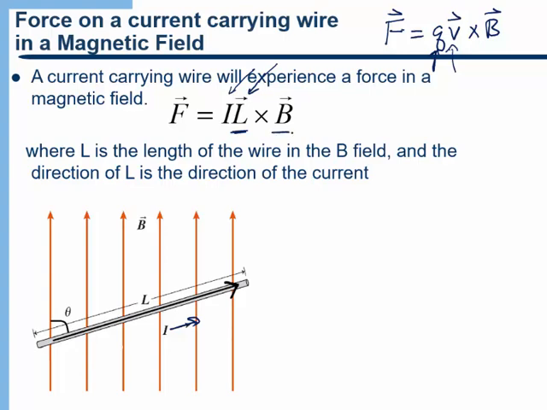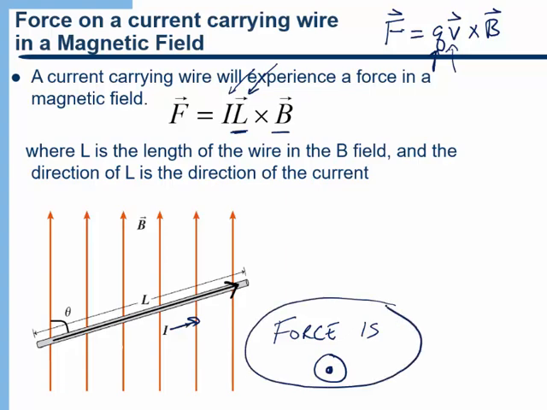So why don't you go ahead, put your first finger in the direction of L, orient your hand so that your first finger can still point in the direction of L, but your second finger can now point in the direction of B, and look at where your thumb is pointing. Remember, you're only trying to differentiate between in and out. You should see that your thumb is pointing out. So the force, in this case, is out. And again, remember, that's our symbol for recording that.